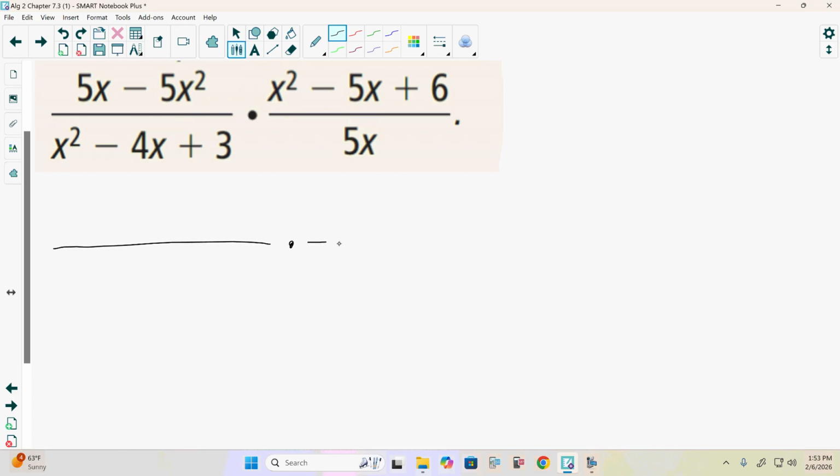So if we look at this one here, on top, 5x minus 5x squared, yes, 5 is in common with 5x and 5x squared. And we also have an x in common with x and x squared, yes?